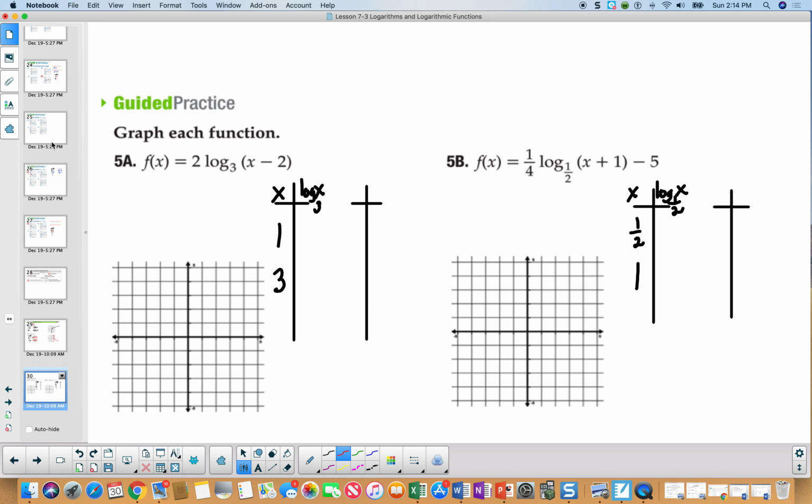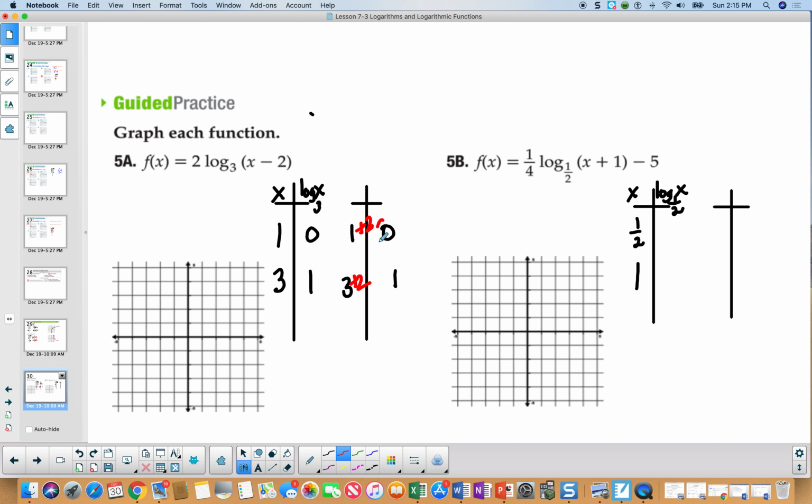All right, let's do it again. Here is my parent function, and I know that this answer is going to be 0, and this answer is going to be 1. So I'm going to write these down. And this is a horizontal movement, so I'm going to add 2 to both of them.